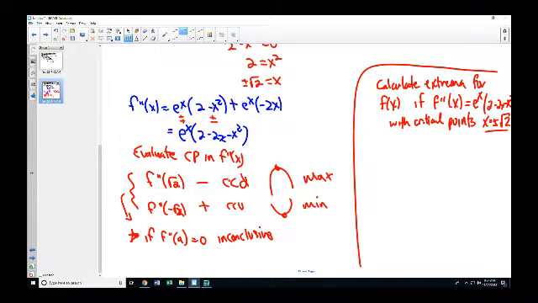Do you want to see an example where the second derivative test is inconclusive? Okay. Sounds good.